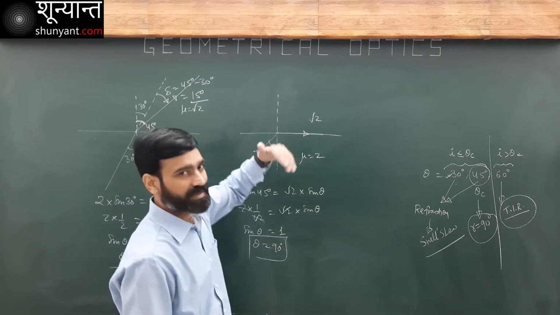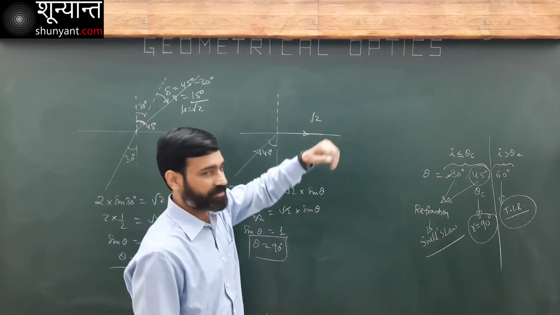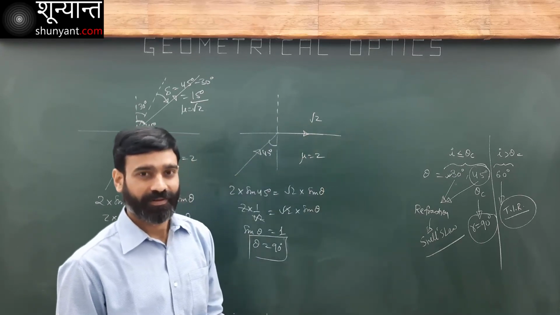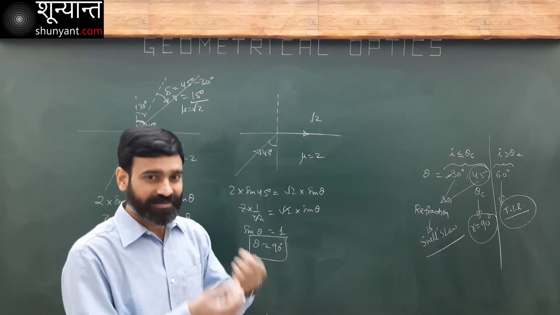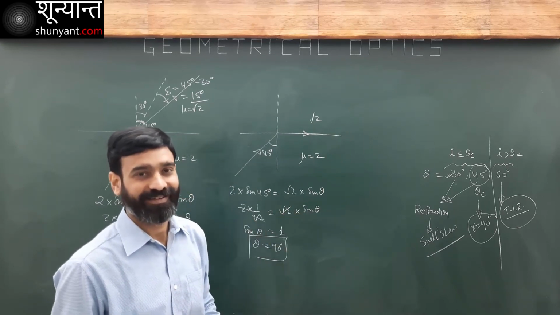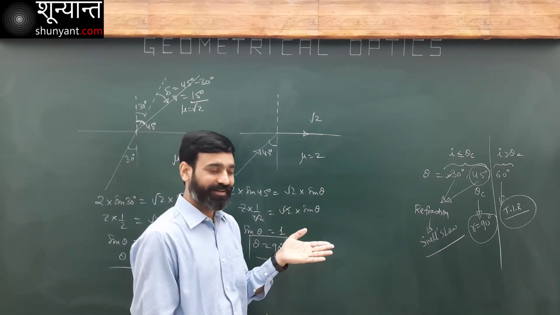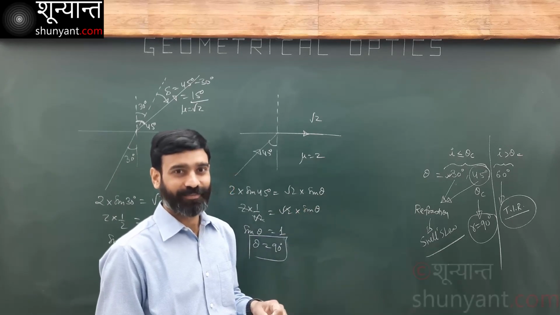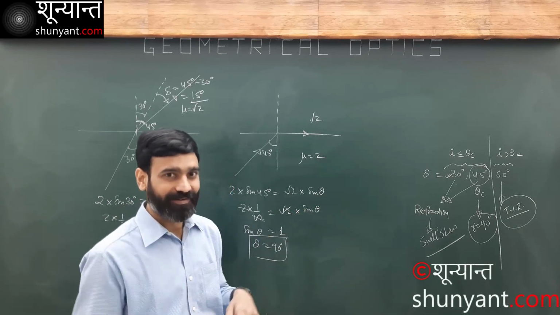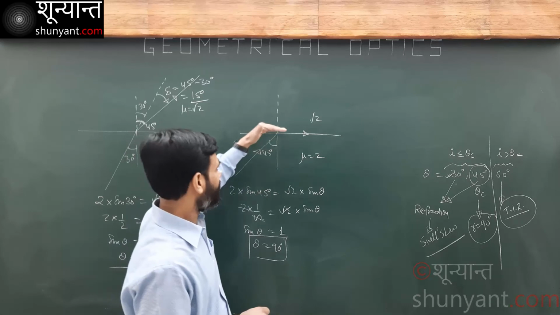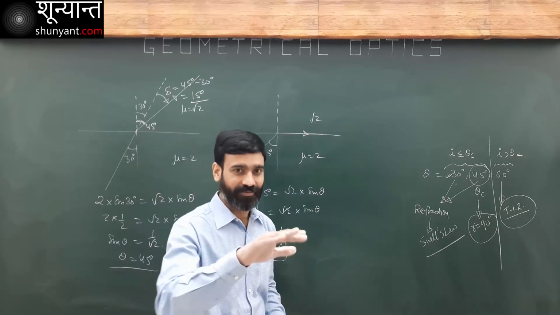So we say that light just enters, or it just avoids entering. Both happening together. Light passes along the interface.